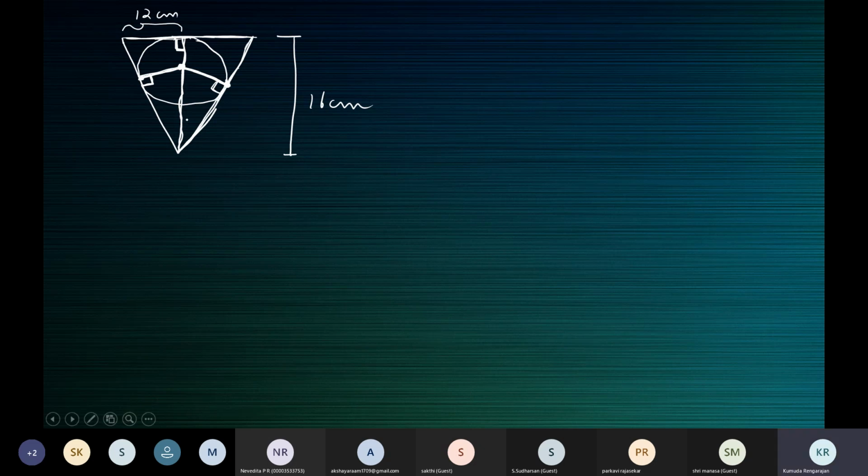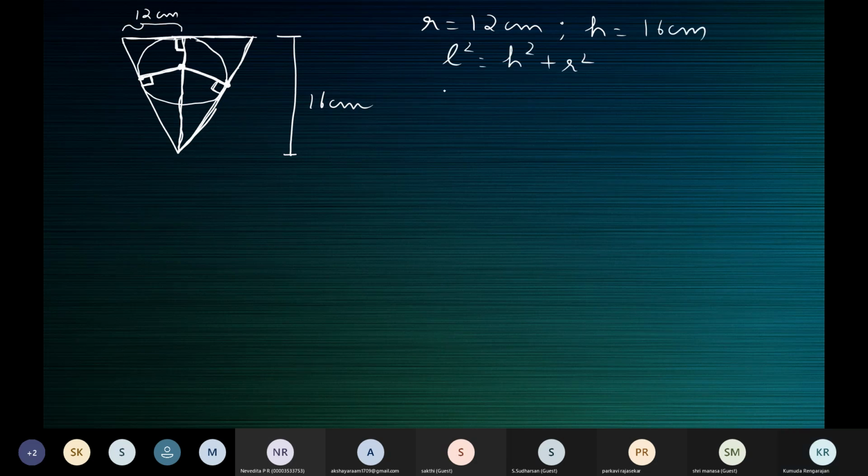Now using 12 and 16, what can we find? Can we find the slant height? Yes, the radius is 12 centimeters. The perpendicular height is 16 centimeters. So for the slant height, L square is equal to H square plus R square.